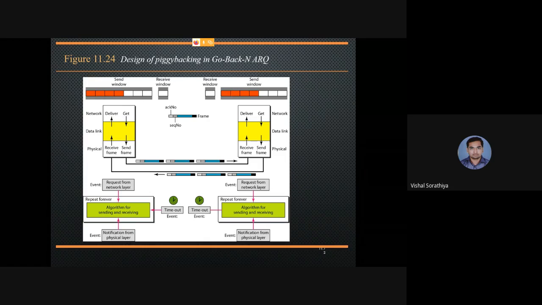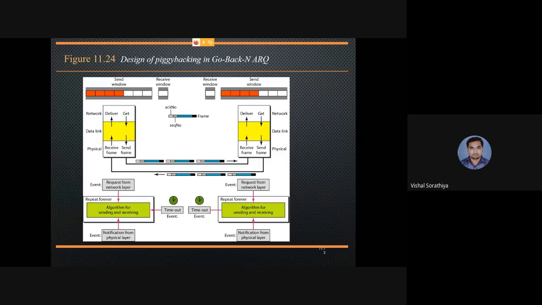While in piggybacking, in the previous protocols we have seen, the sender sends and the receiver gives the acknowledgement, so we have that type of model. But it is also possible that the receiver also sends information, and at that time the transmitter needs to give the acknowledgement to them.